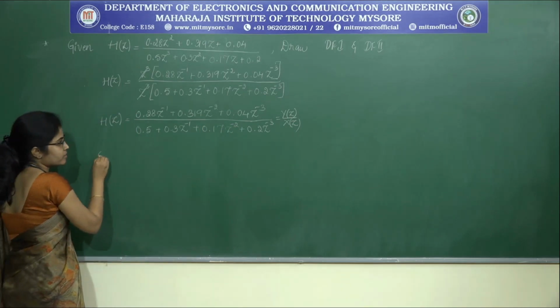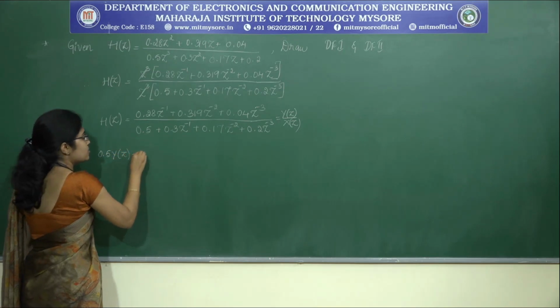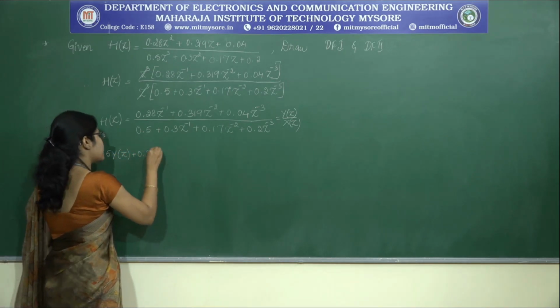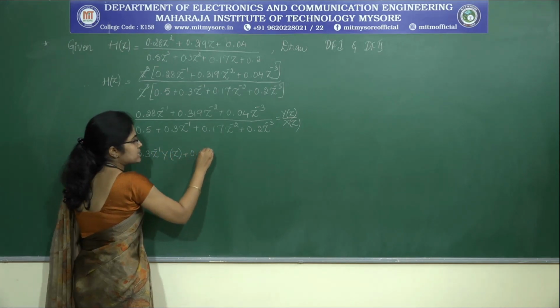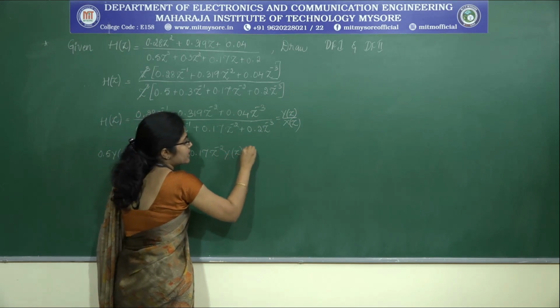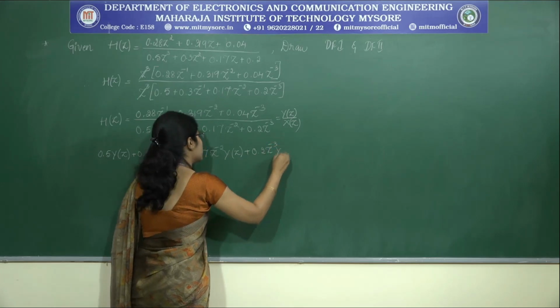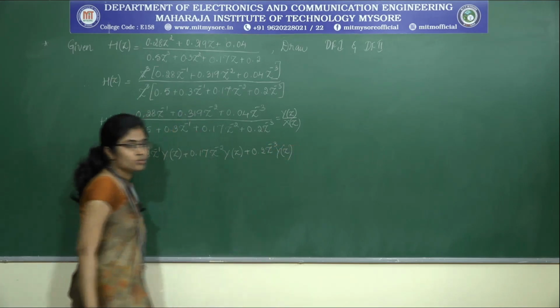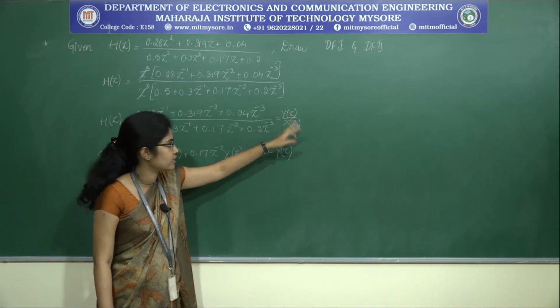If I cross multiply and write, it will be 0.5 into y of z plus 0.3 into z power minus 1 into y of z plus 0.17 into z power minus 2 into y of z, and finally 0.2 into z power minus 3 into y of z. So we have cross multiplied the denominator term with the numerator term on the right hand side.